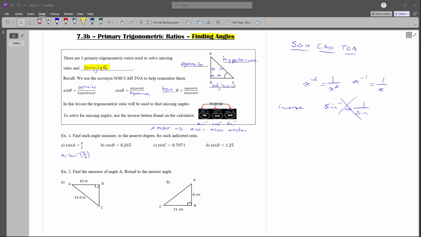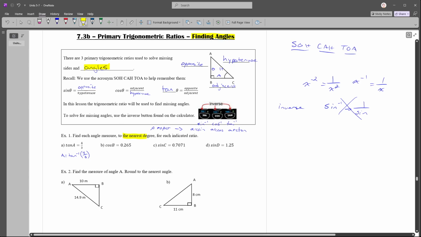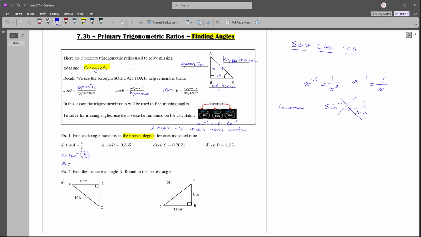Okay, now this is to the nearest degree, as it says here. So you should end up with A is approximately 53. If you don't get 53, make sure that your calculator is in degree mode. Okay, you should end up with approximately 53.